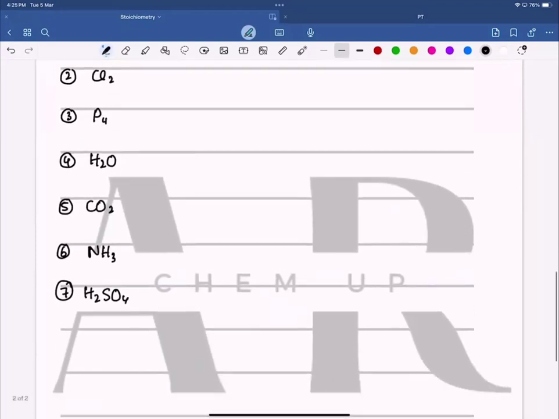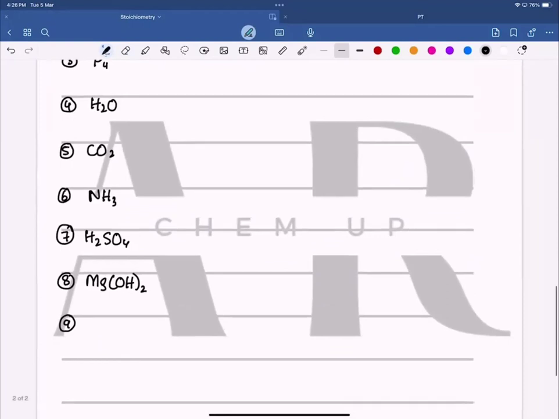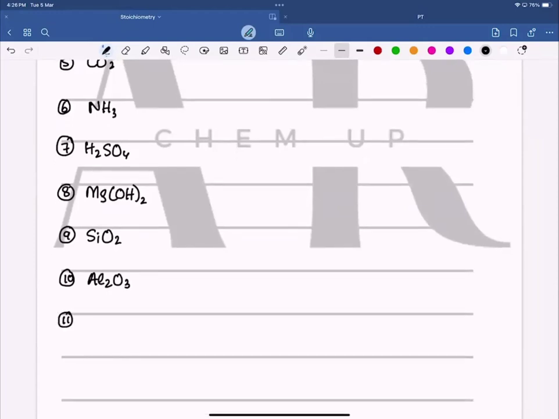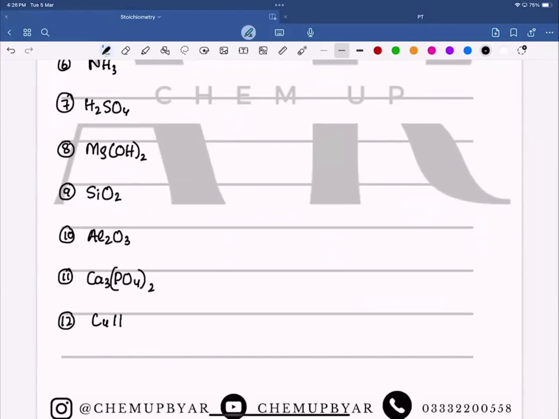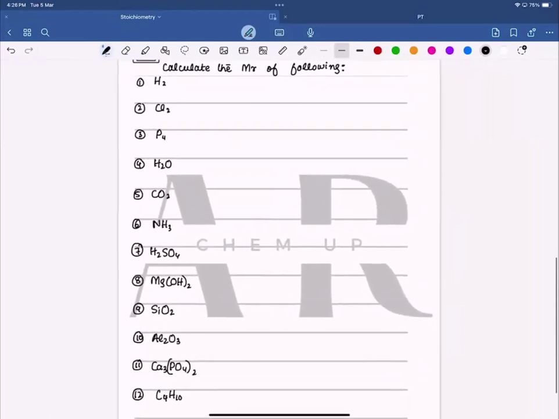After NH3, we have H2SO4, magnesium hydroxide, Mg(OH)2, silicon dioxide, Al2O3, calcium phosphate, C4H10 butane, then 13 is C12H22O11 called sucrose.